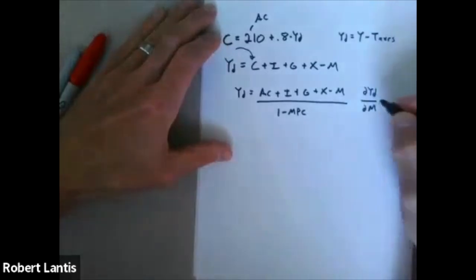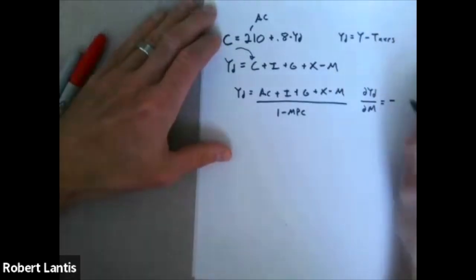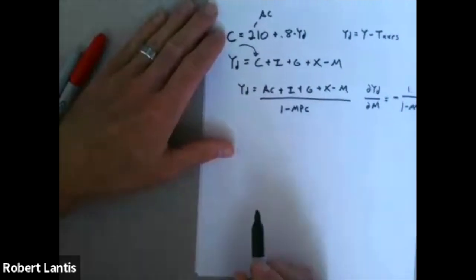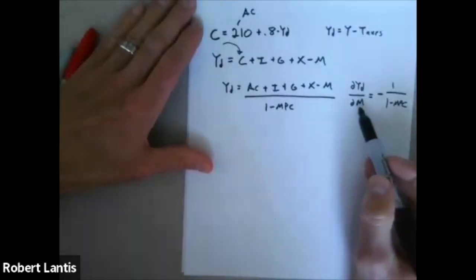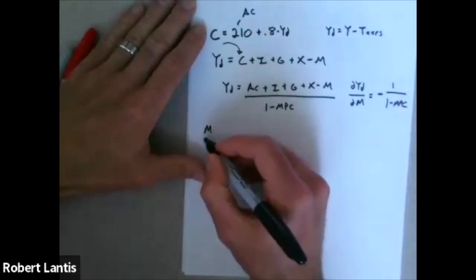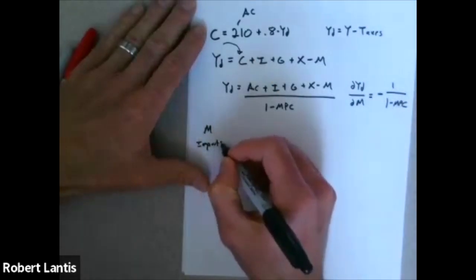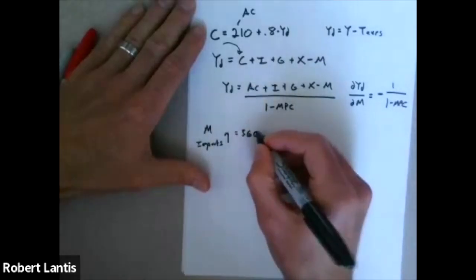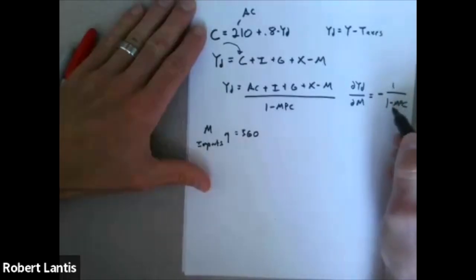So if I'm taking a derivative of this function with respect to imports, I've got negative 1 over 1 minus my marginal propensity to consume. This is the change that occurs in that break-even real level of GDP anytime imports go up by 1. Now, our imports in this question are going up by 360. We know that every dollar will decrease that break-even level by 1 over 1 minus the marginal propensity to consume.